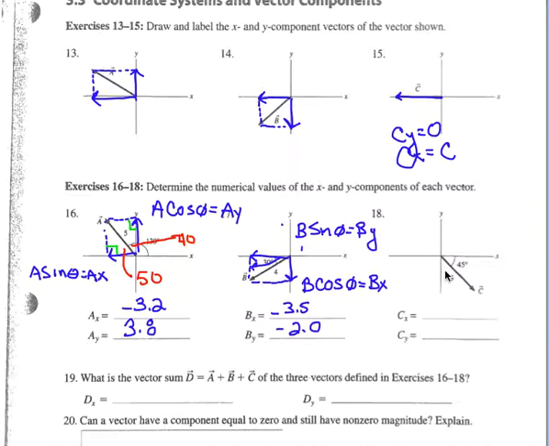In number 18, we have an x and y component. And we have a 45-degree angle here, breaking this 90-degree angle in half, which means that both of these components are going to be equal, whatever they may be.